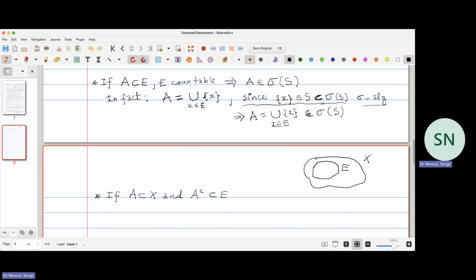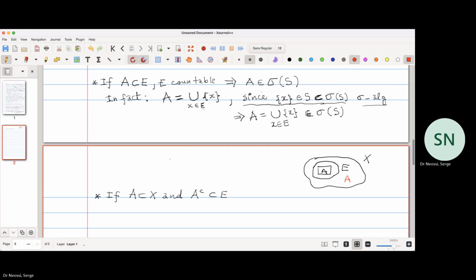So in the first case, we took A inside E. But now in the second case, we are taking A inside X and its complement is inside E. So that's the second situation.